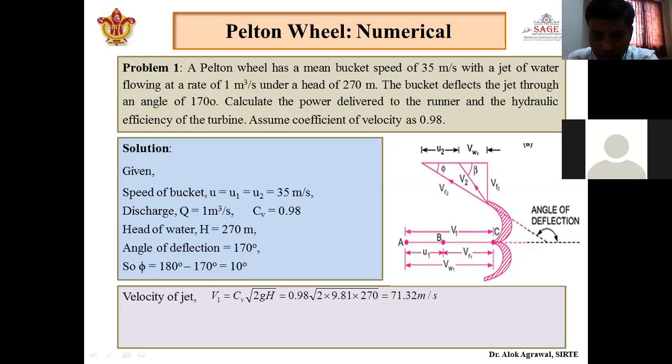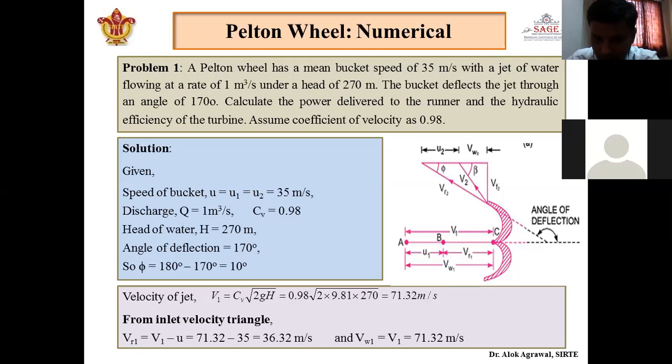Again, from inlet velocity triangle, what we know that V1 is equal to VW1. It can be seen from this diagram. V1 is equal to VW1. So we get VW1 as V1, that is 71.32 meter per second. Now we have to calculate VR1 to calculate VW2. For calculating VW2, we require VR2.